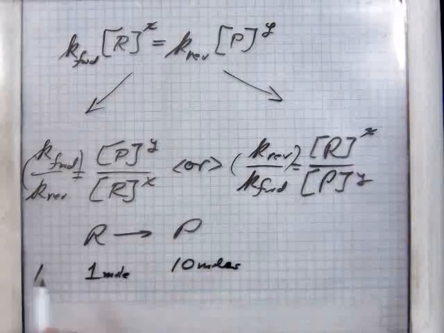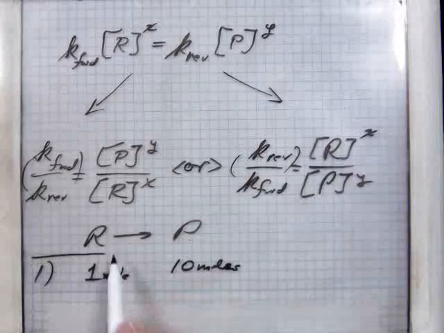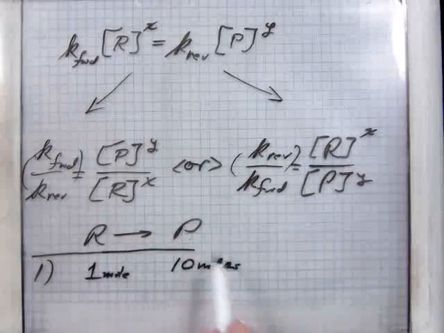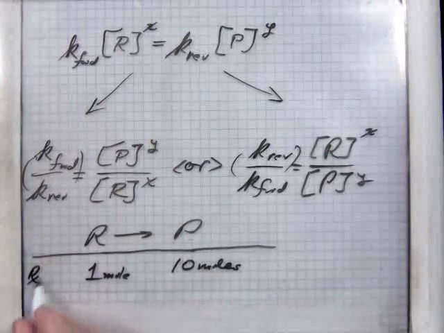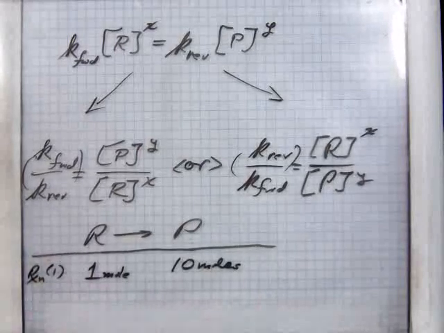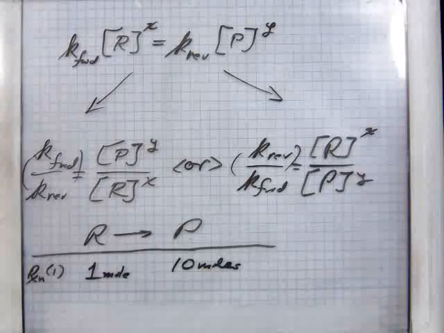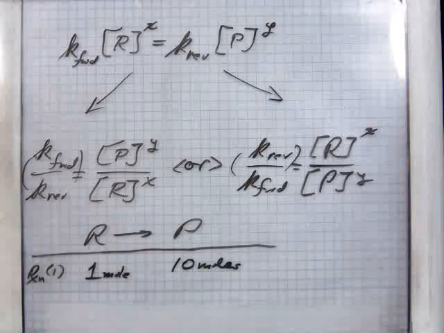Okay, so that's experiment number 1, or reaction 1. I can change that to reaction number 1. And we want to compare that one with a different kind of reaction that starts with a large amount of reactant and winds up at equilibrium with just delivering small amounts of product.